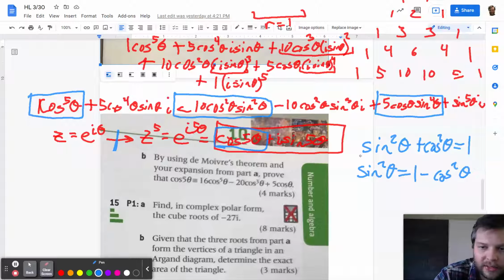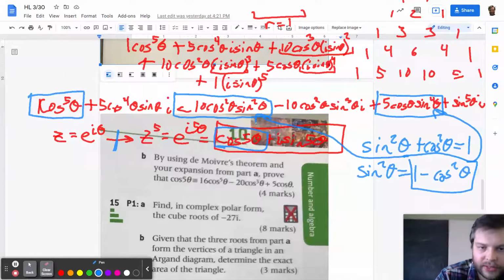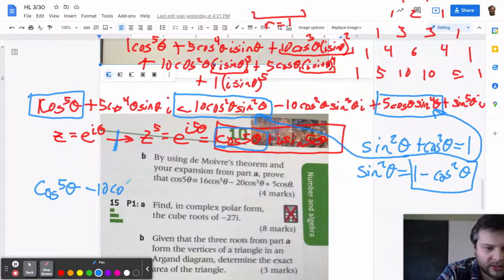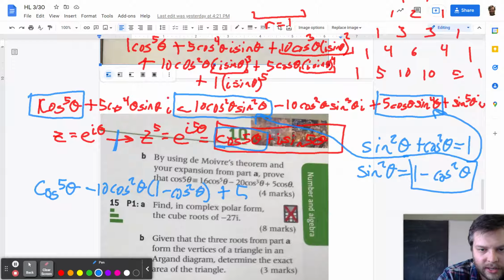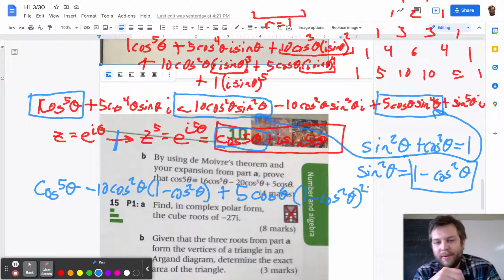So I'm going to take those values and substitute them right in there for sine and right in there for sine as well. So then my real parts become cosine to the 5th theta minus 10 cosine squared theta times 1 minus cosine squared theta, because I substituted it for sine squared theta, plus 5 cosine theta times 1 minus cosine squared theta, squared, because it was sine to the 4th power.